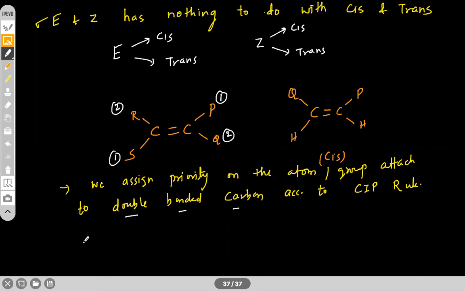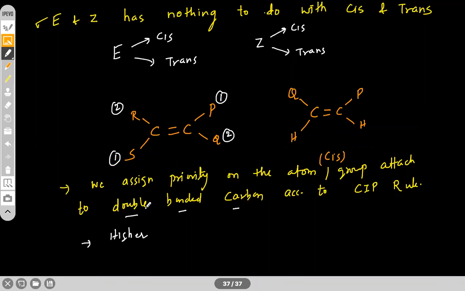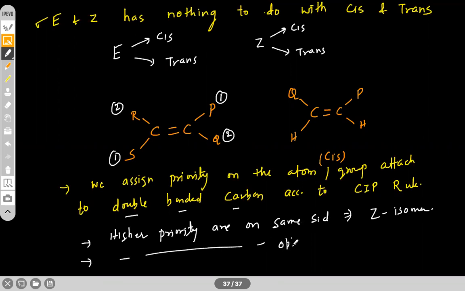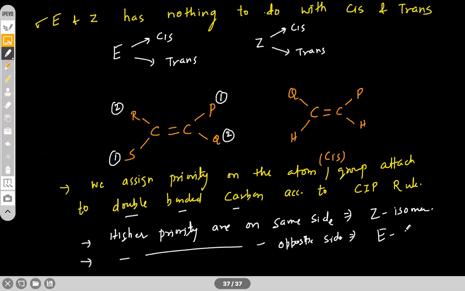Okay. So if higher priority groups are on the same side, it is the Z isomer. If higher priority groups are on the opposite side, it is the E isomer. Z or E isomer.